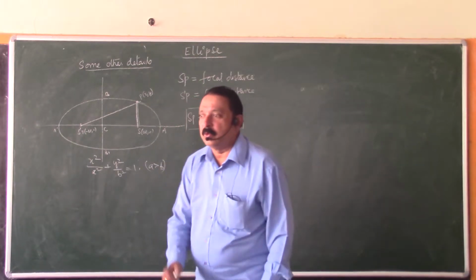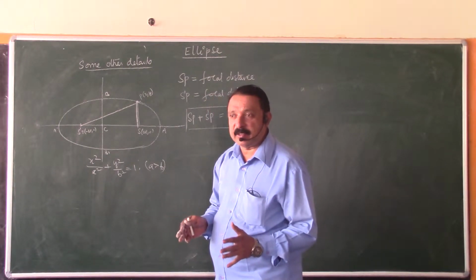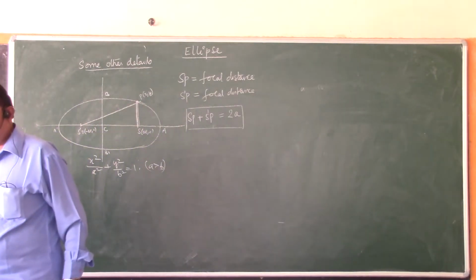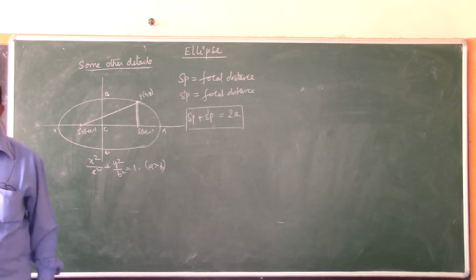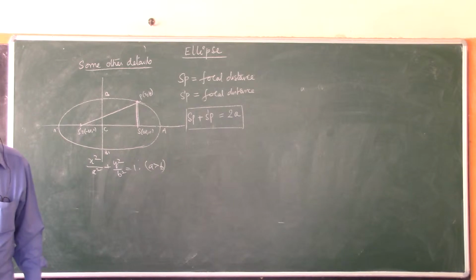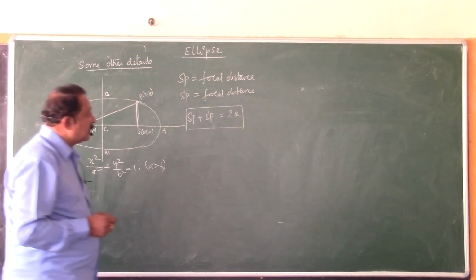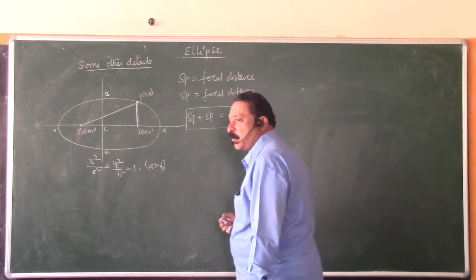It is equal to the length of the major axis. 2a is the length of the major axis. So an ellipse has two foci, therefore there are two focal distances, and their sum is equal to the major axis. SP plus S dash P is equal to 2a.